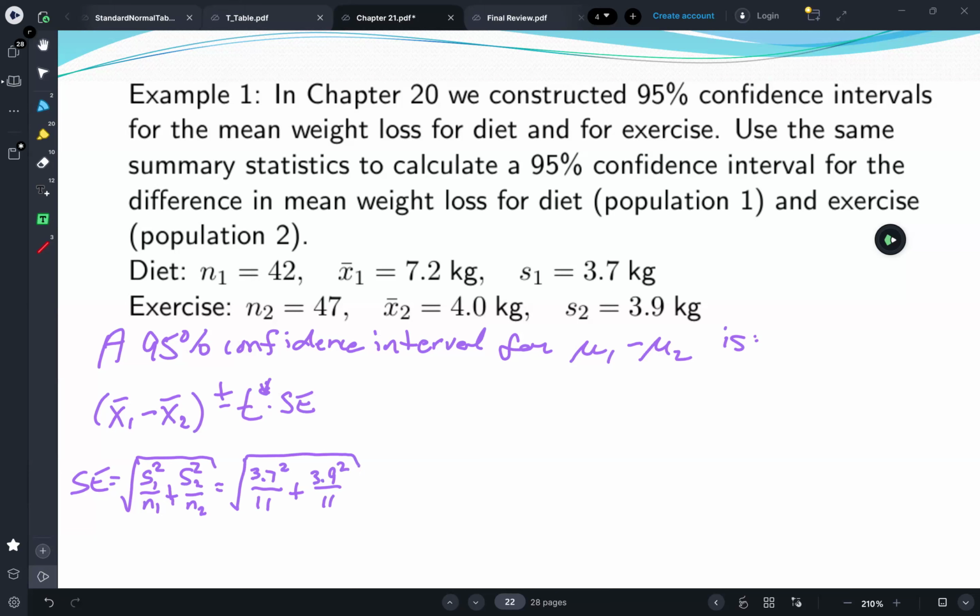Now be careful, if S1 and S2 were already squared, then we would just put the numbers in without squaring them, right? Divide by 11 because, oh, right, I'm thinking of the tree still. So it should be, good catch. So what should be the first one?